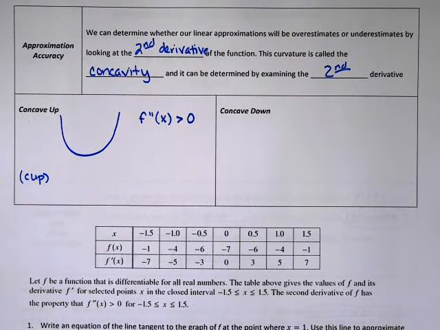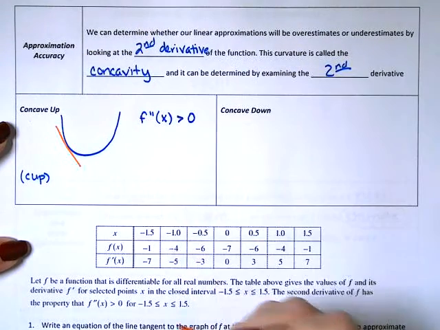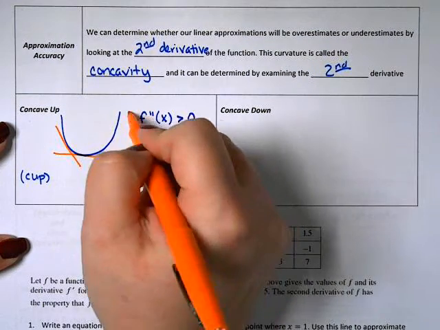So let's think about what this means in terms of our linear approximations. We said we're looking at tangent lines to find these estimates. So if I draw a tangent line here, it doesn't matter where I draw it, but let's say I draw it here, or I could draw one down here, or one over here.